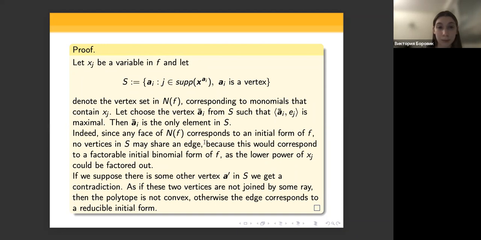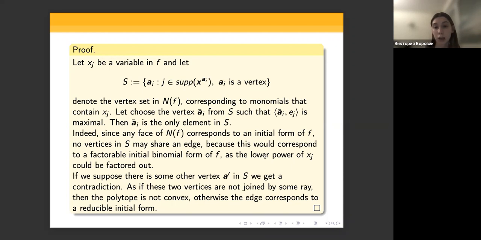So let me choose an element from S, a overlined, such that the inner product of it with the basis vector is maximal. In other words, our variable is in the associated monomial in the maximal possible degree. And then this vertex is the only element in S. Indeed, since any face of our Newton polytope corresponds to an initial form, no vertices in S may share an edge, because this would correspond to a factorable initial binomial form of f.